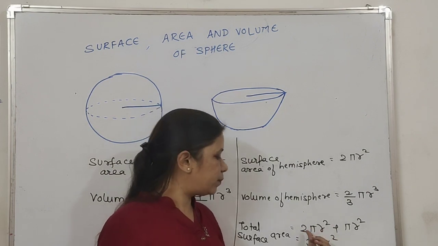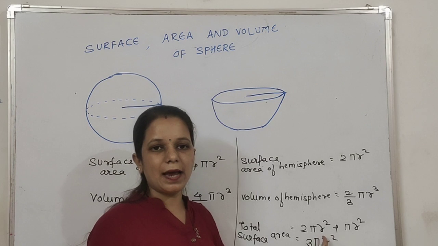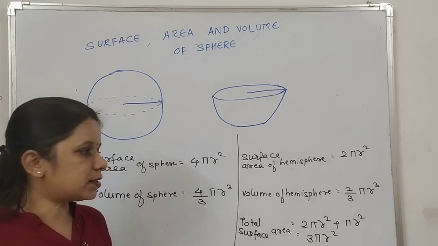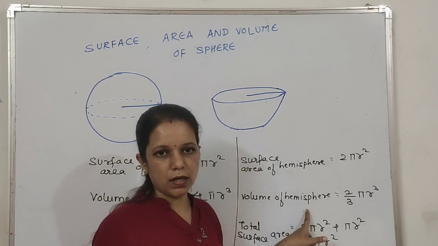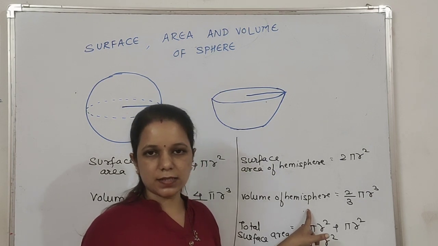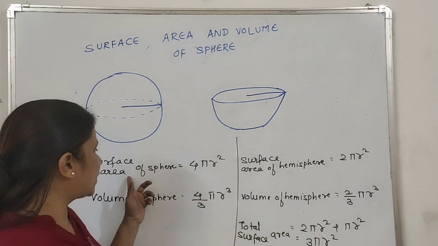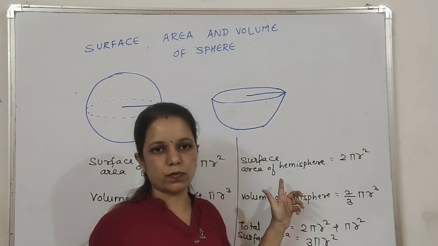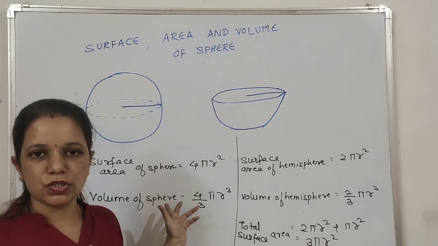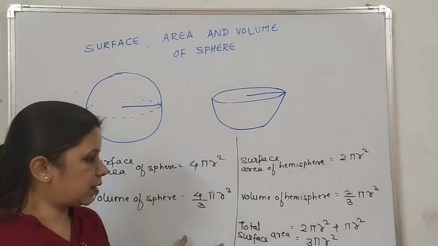So it will come to 3 pi r square. The units for volume will be centimeter cube or meter cube as the dimensions are given. For area, it will be centimeter square or meter square as the dimensions are given. Okay, take a note of this.